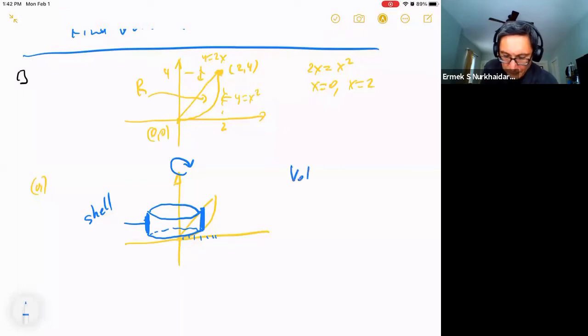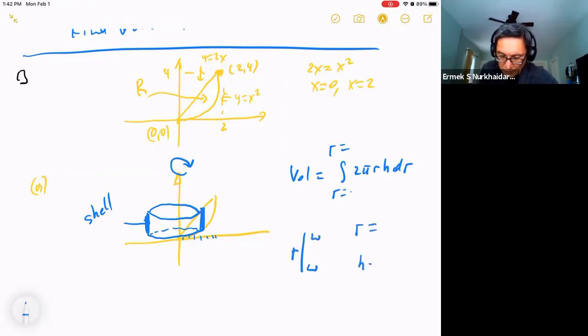Then the volume is going to be the integral of 2 pi r h dr. R starts here, ends there. So let's have a formula. All we need to figure out is the limits for r, what r is, and what h is.